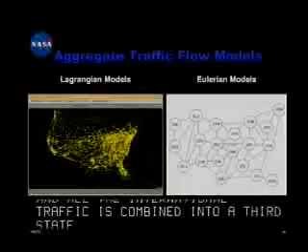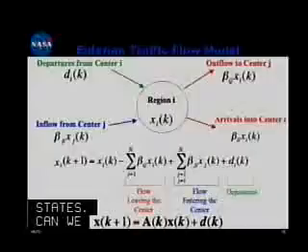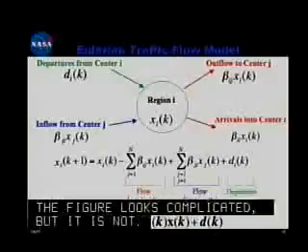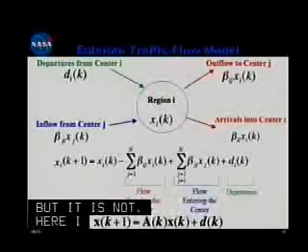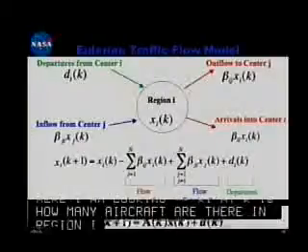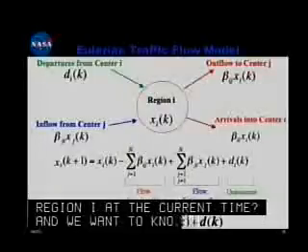Can we have the next view graph, please? Okay. The figure looks complicated, but it is not. Here, xi at k is how many aircraft are there in region i at the current time. And then we want to know how many would be there at an instant of time later.